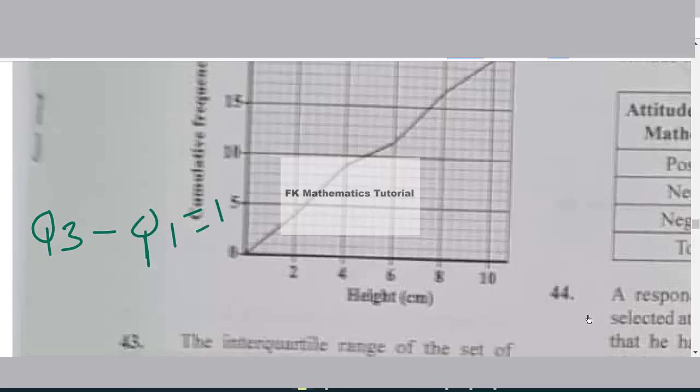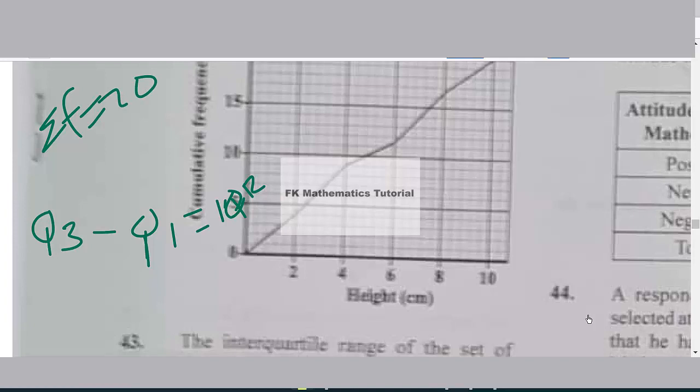That will give us the interquartile range, IQR. So we know we need to find the first quartile and the third quartile from the cumulative frequency. So we know the total frequency is 20.